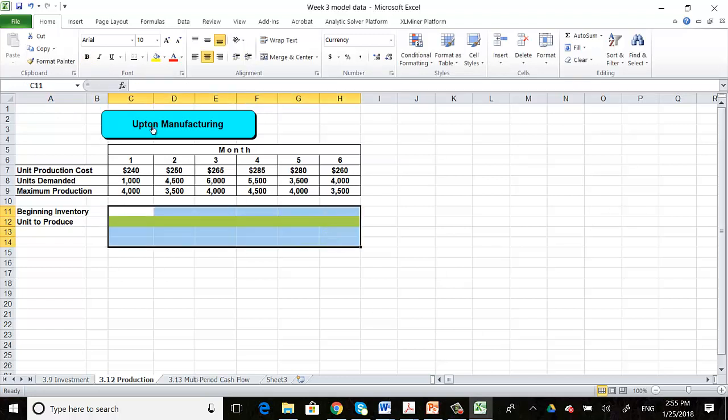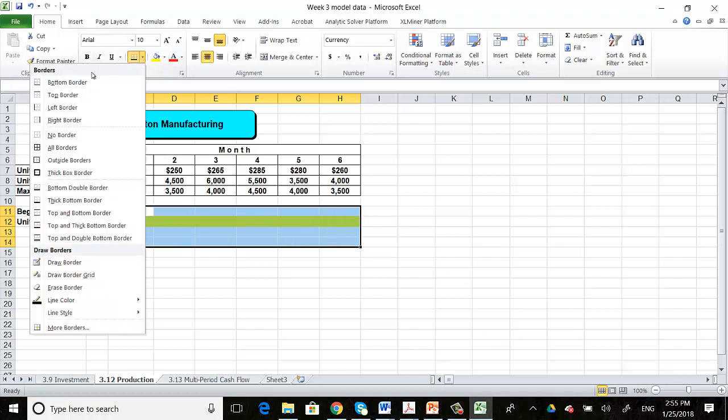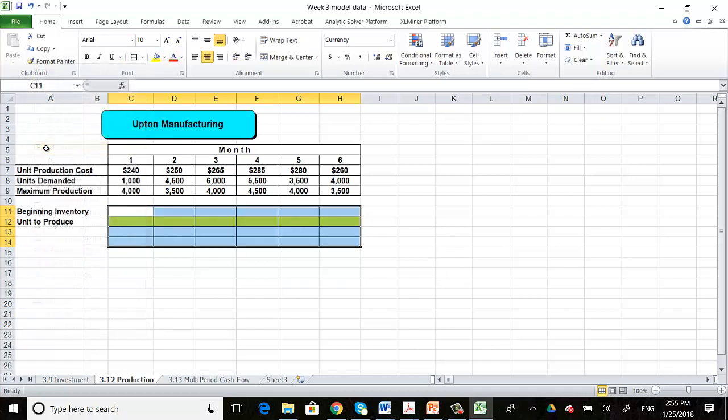I'm going to put those. I'm not going to shade the beginning inventory because it's not going to change. It's not going to be highlighted, defined as decision variables later in the solver. Okay, beginning inventory and the demand.